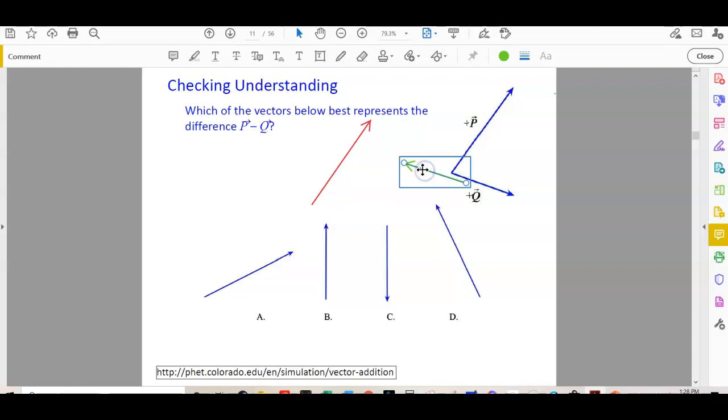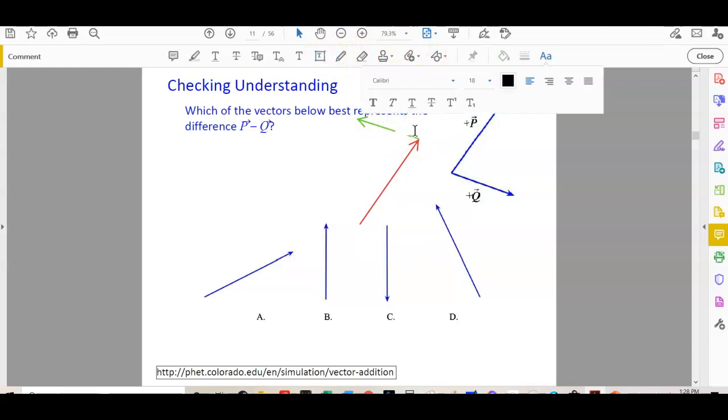So again, it doesn't matter the order in which you do this vector addition. You just have to take the head of one and put it to the tail of the other. Well, I'm going to take the head of P and put it to the tail of the negative Q vector, I should say. So this is negative Q.